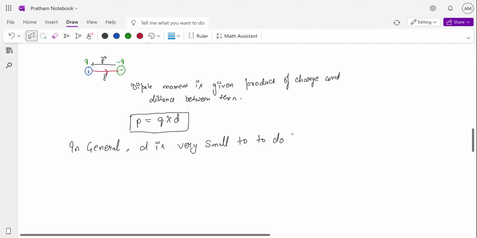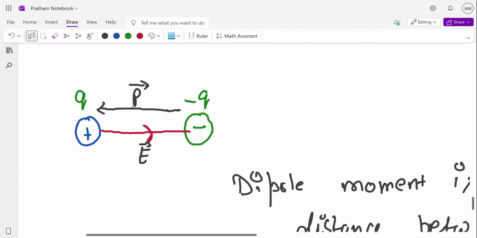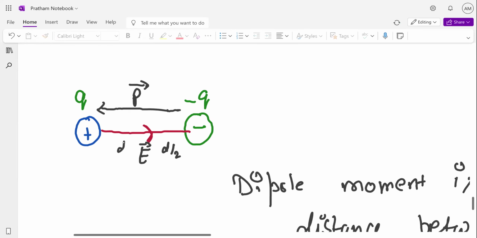So for ease of calculations, we can say that d is equal to 2 times L. What I mean is, because the distance is very small, when we do some operation on it, instead of doing the d by 2 thing, if d becomes 2L I will not have to do that operation.